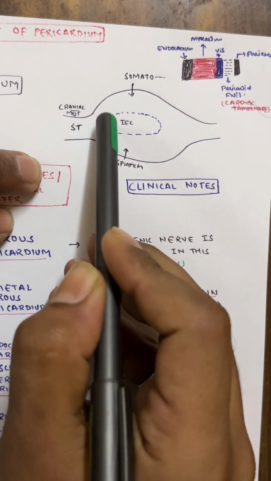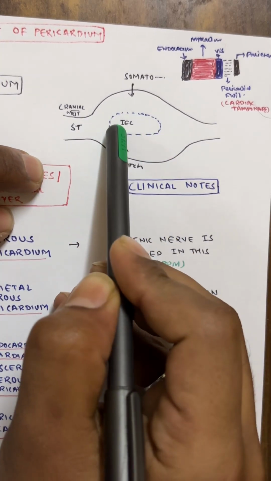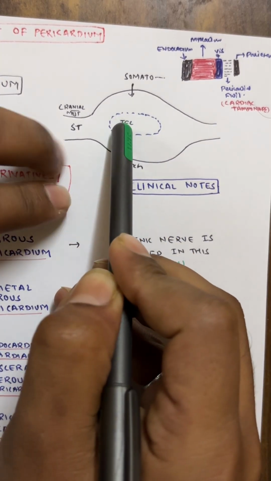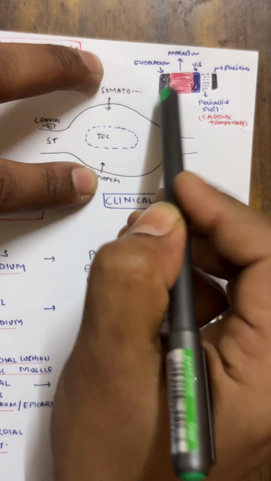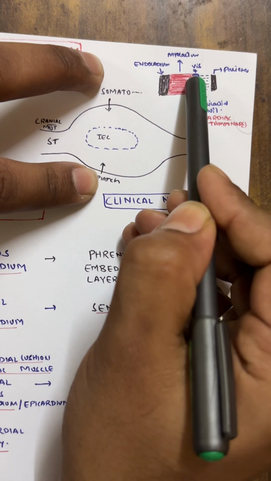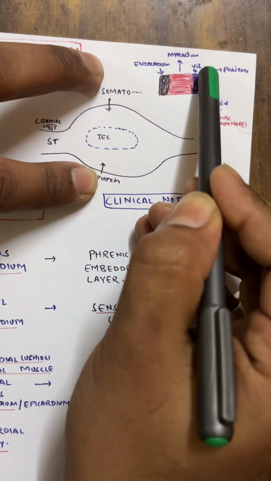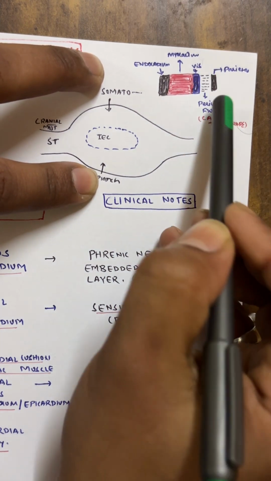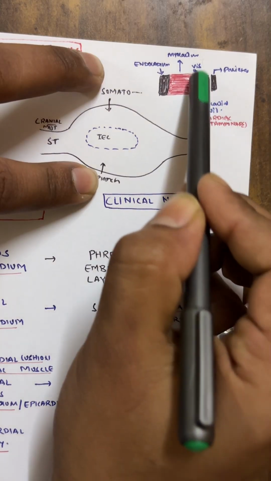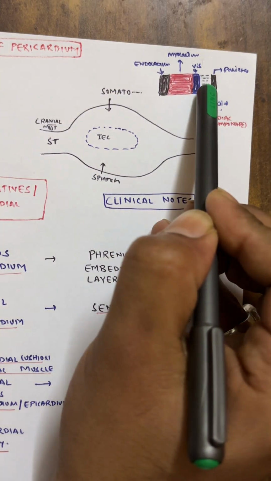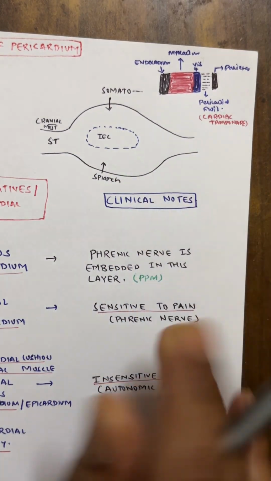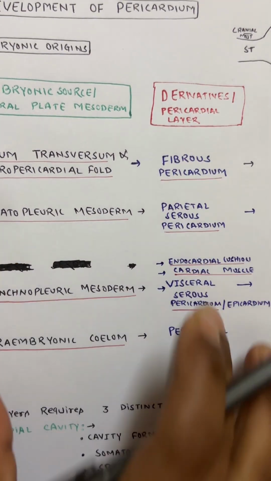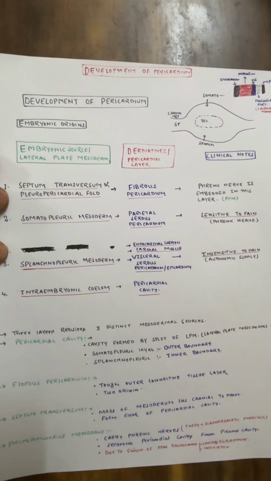This is the intraembryonic coelom, which will form the pericardial cavity. Here is the innermost endocardium, here is the myocardium, here is the visceral layer, and between the parietal and visceral layers we have the pericardial fluid. When the fluid increases over here, it causes cardiac tamponade. In clinical notes we'll talk about all these things. Now we'll talk about this one by one.